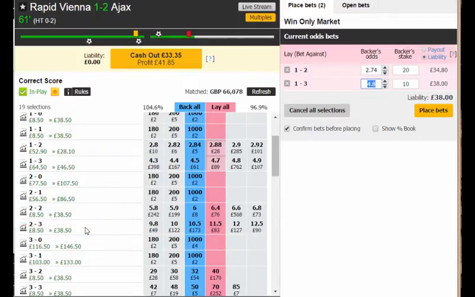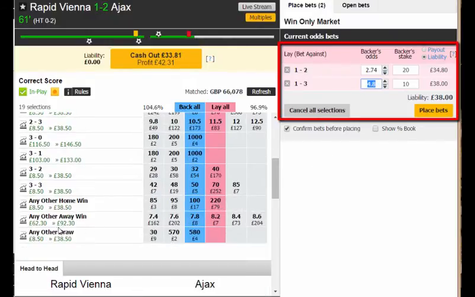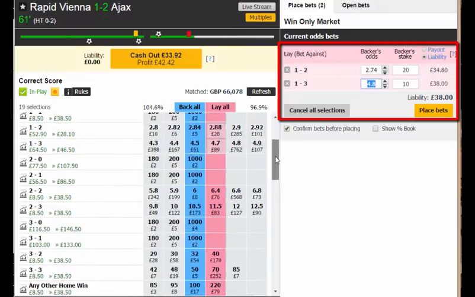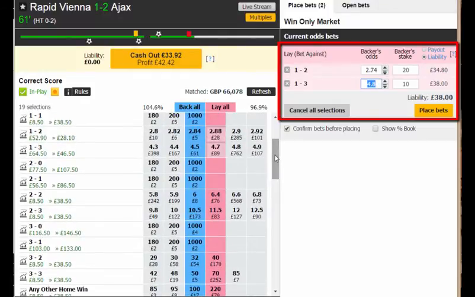And the odds actually worked pretty much in my favour. You can see here I'm asking 2.74 to lay the 1-2, and the 1-3 I was looking to lay at around 4.3, 4.4.